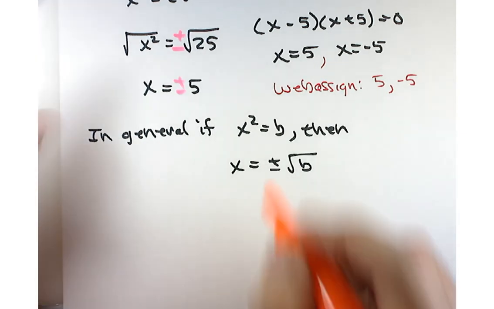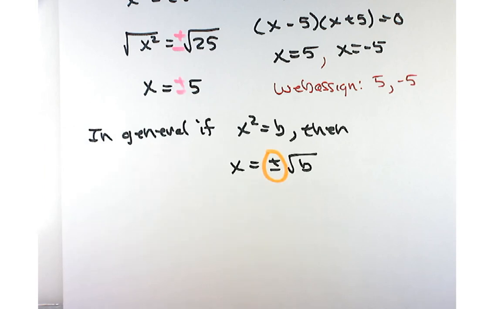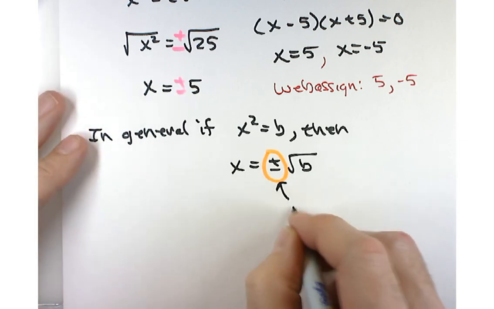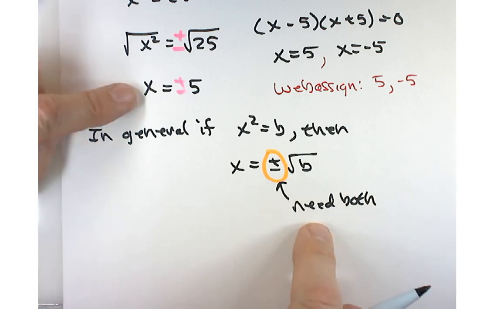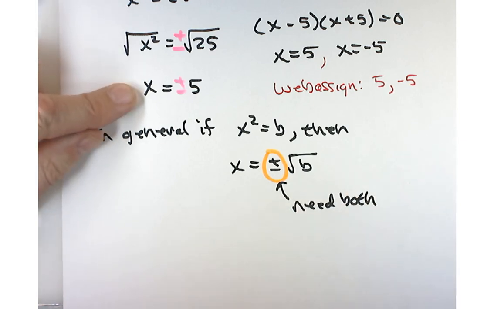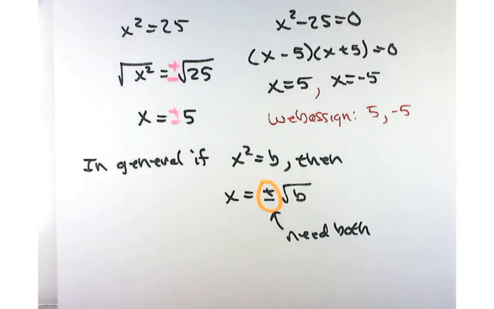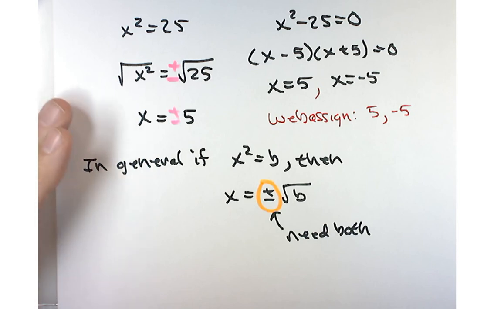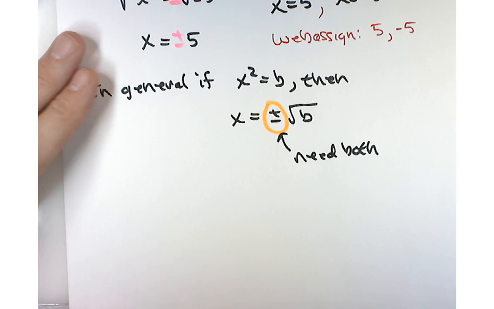Please don't miss out on one of them. I need both. If you just give me one solution and I'm expecting 2, that's more than a point off. That's missing something important. That's 2 points off, probably. I don't think it'll be meaner than that, but I want you to give me both of those.